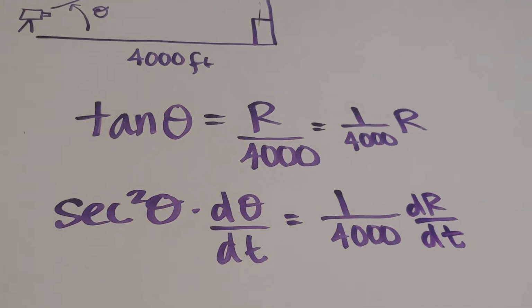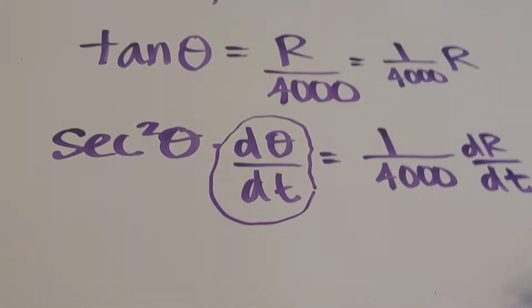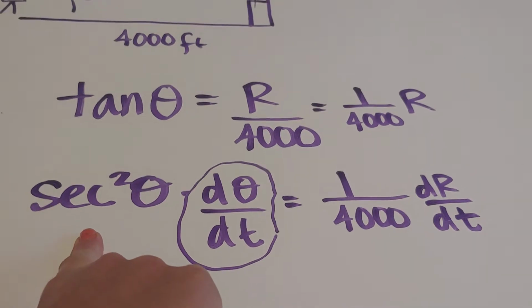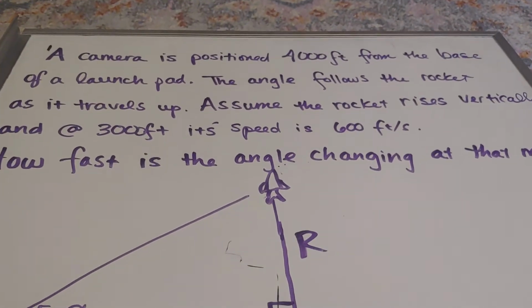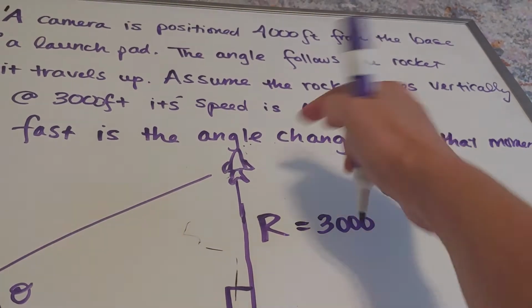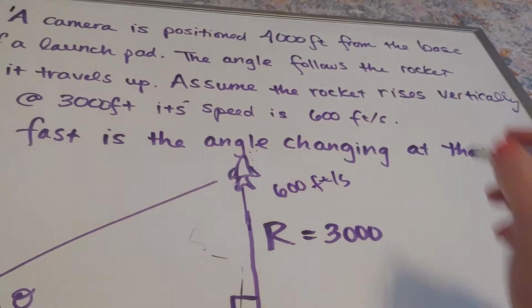What I want to solve for, my final answer, is d theta dt. So I need to plug in for these other quantities. If I go back to the problem, at 3,000 feet, so when r is 3,000, the rocket is traveling at a rate of 600 feet per second.